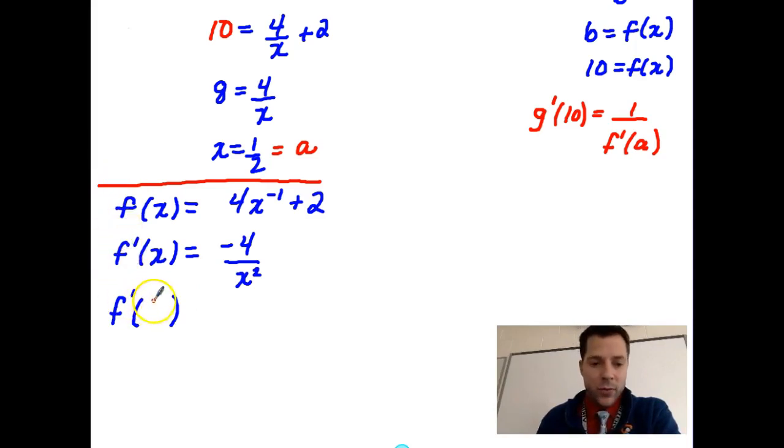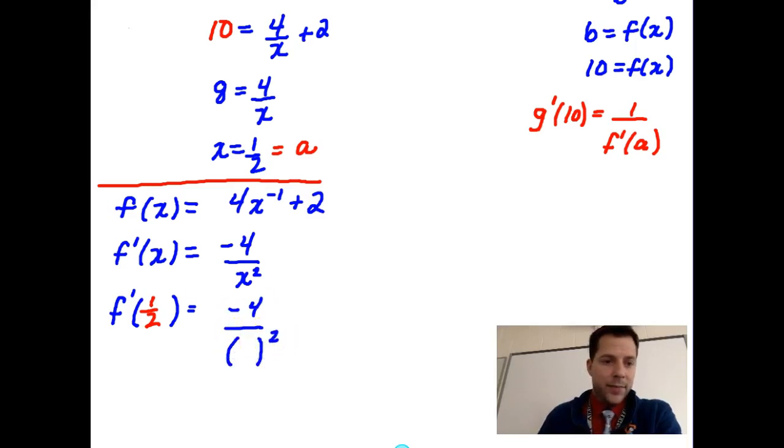So let's plug 1/2 into the derivative. That's what we need. I do that and get negative 4 over 1/2 squared. 1/2 squared is a quarter. So if you calculate that, you should get negative 16, or you better get negative 16.